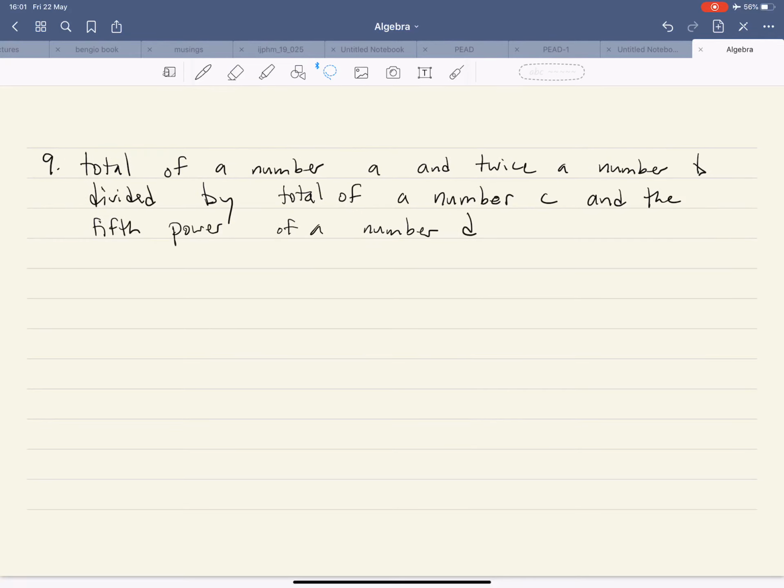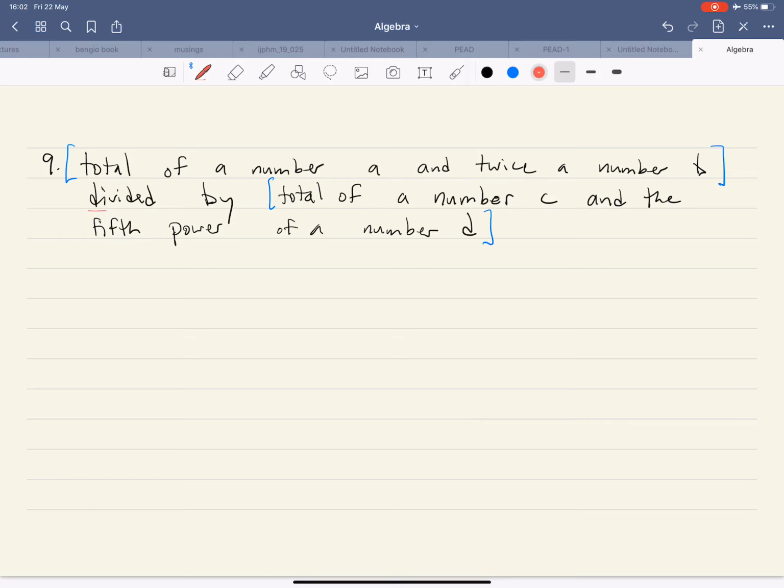Okay, and we're going to take the same strategy that we took before, where we break this up into subphrases. So we've got total of a number a and twice a number b. That seems like a subphrase to me. Divided by total of a number c and the fifth power of a number d. So total of a number c and the fifth power of a number d, that's also a subphrase.